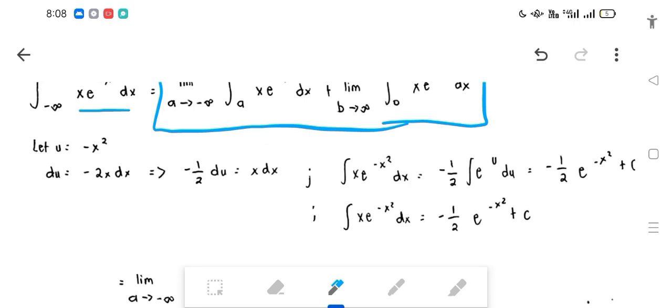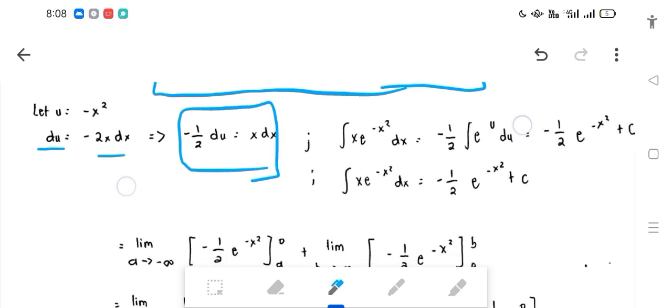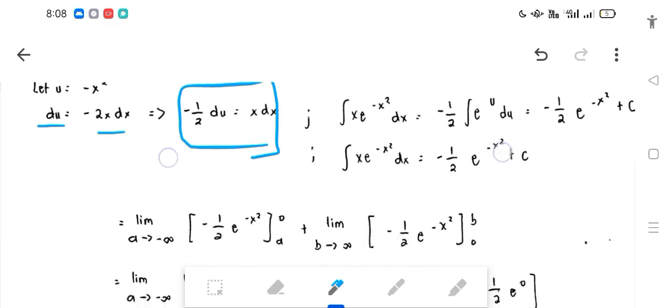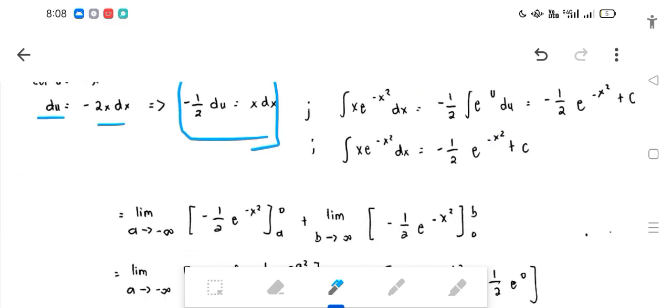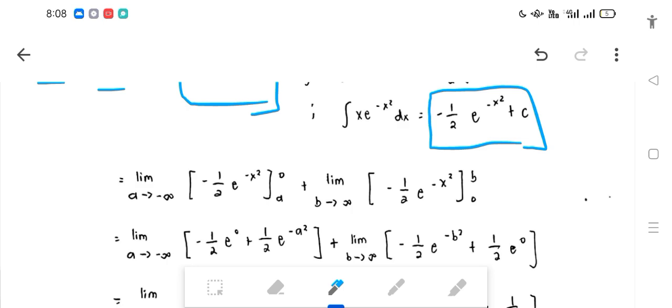And we're going to divide both sides by 2, and we have here this one. And we're going to substitute the following values. And after doing that, we have the result, which is equal to negative 1/2 multiplied by e raised to negative x squared plus c.